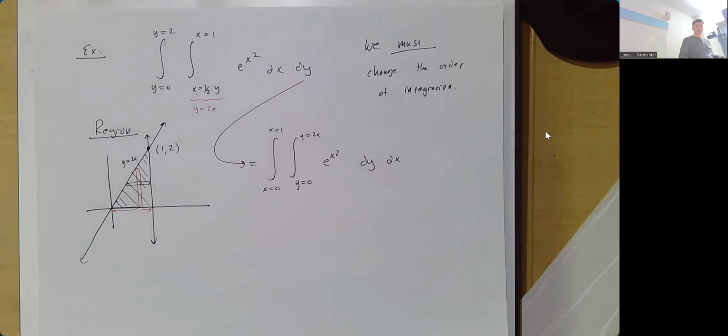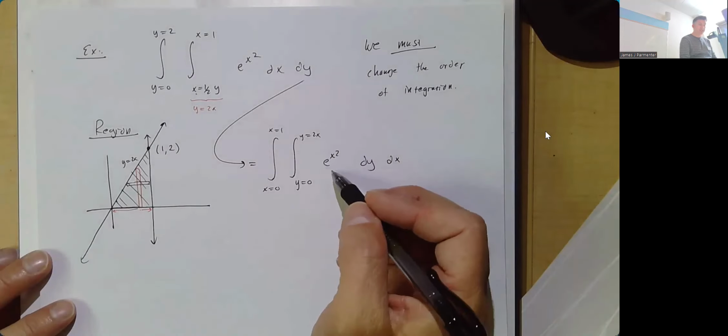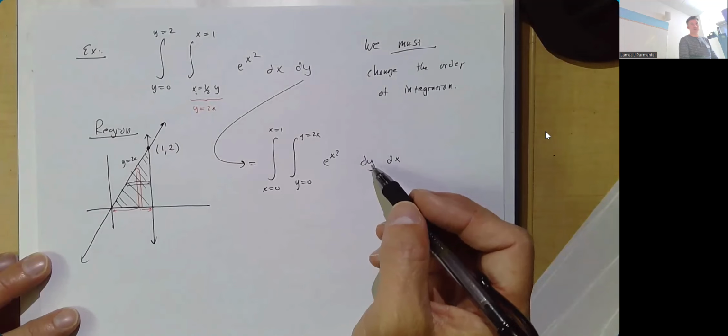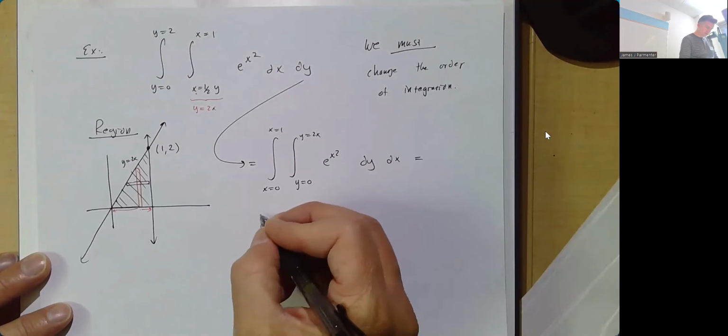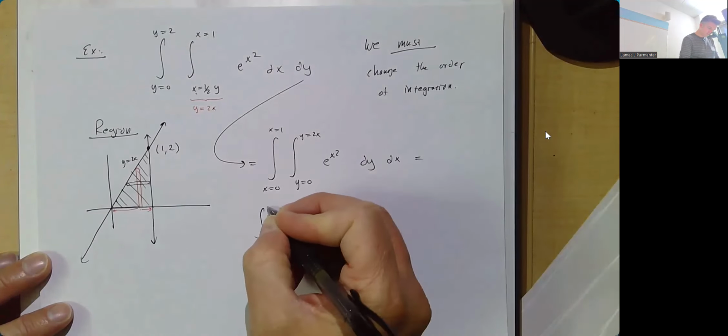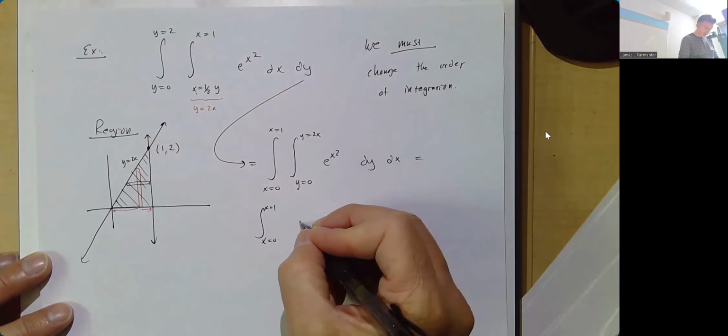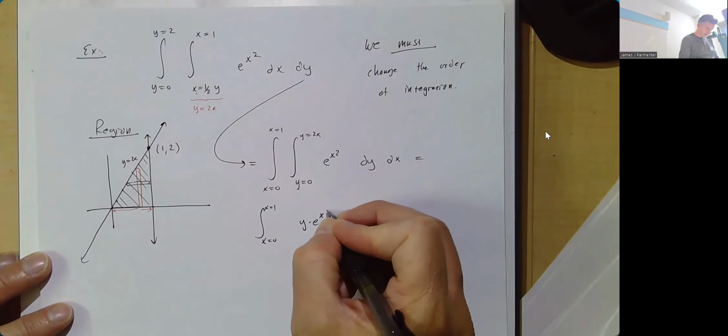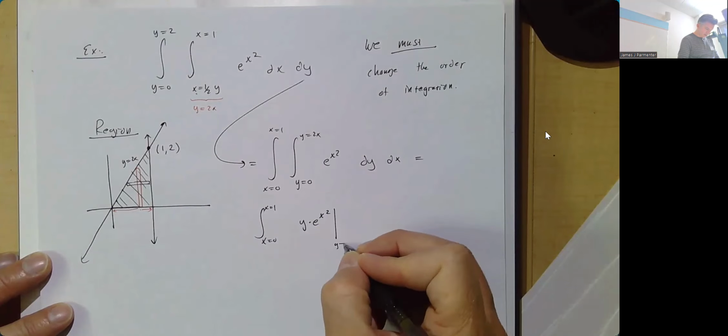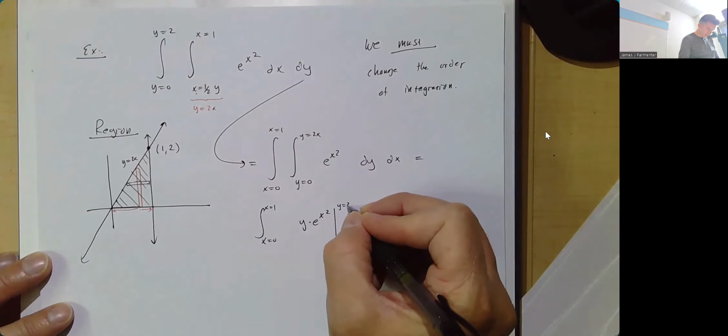And now we can totally anti-differentiate it. The antiderivative of this constant, as far as y is concerned, is just going to be y times e to the x squared from y equals 0 to y equals 2x.